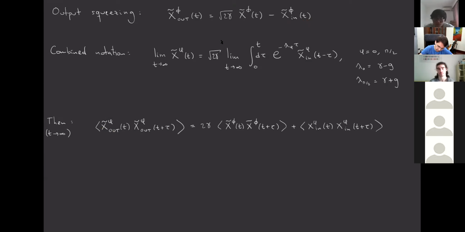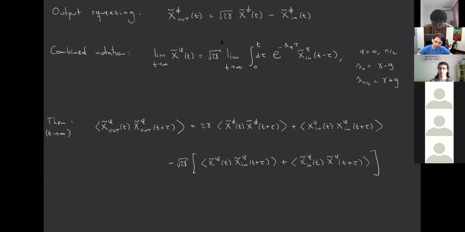And then we get the cross terms. And the cross terms, they look just like this. Okay?